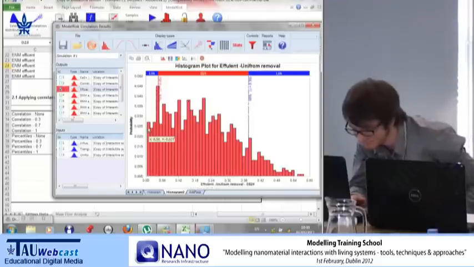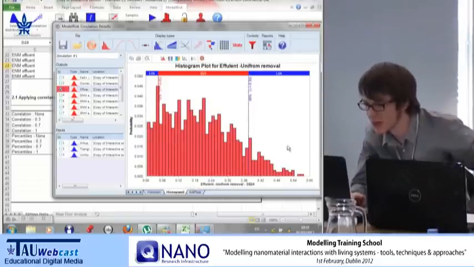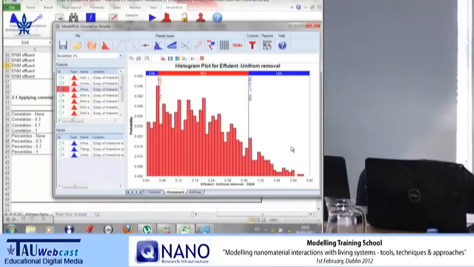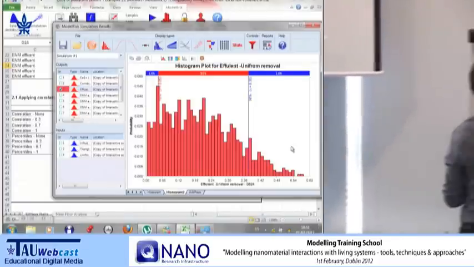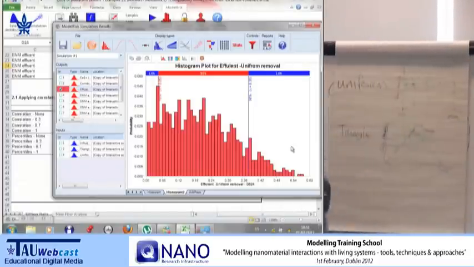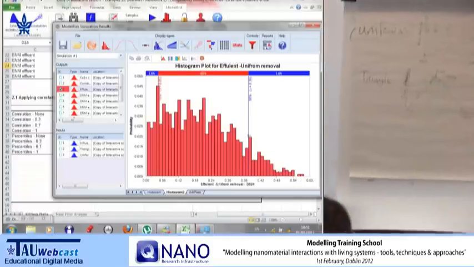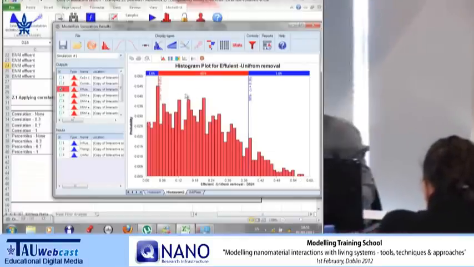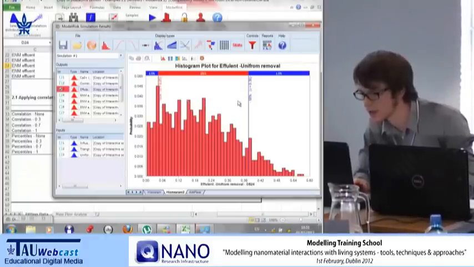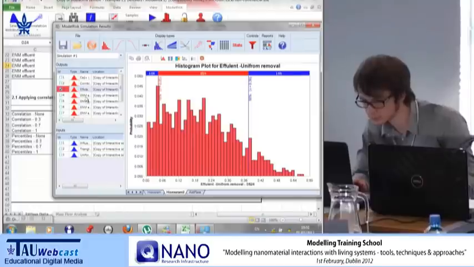Uniform removal, we can see this is the output. So it's sampling from 20% removal to 99% removal. For all these different scenarios, each time we redo it, it takes a different scenario. And in the end, this is the overall effluent concentration we can expect. And this is our confidence interval from 90% to 10%. We're 80% confident that it'll be within this range, given what we've looked at.